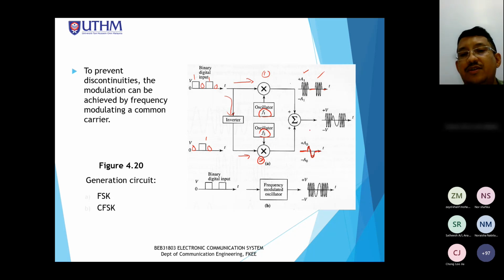Okay, so the second signal plus the first signal will produce an output like this: high frequency, low frequency, high frequency, and so on. So this is for logic 1, logic 0, logic 1. Similar to the picture below using a frequency modulated oscillator.